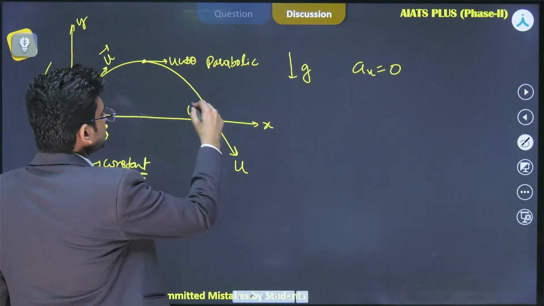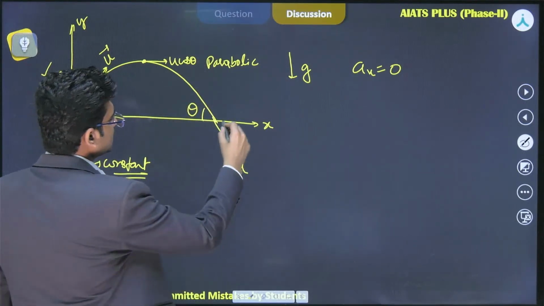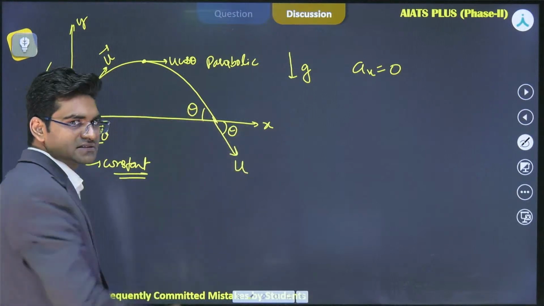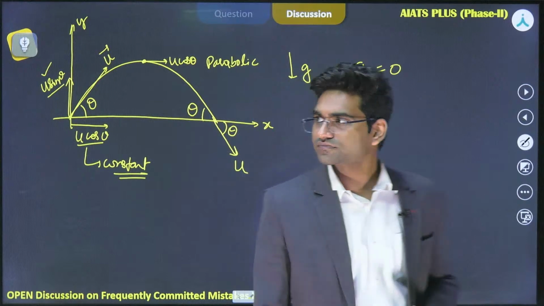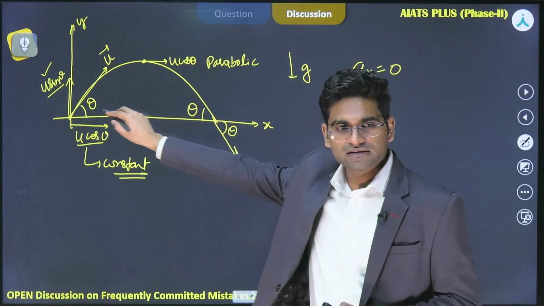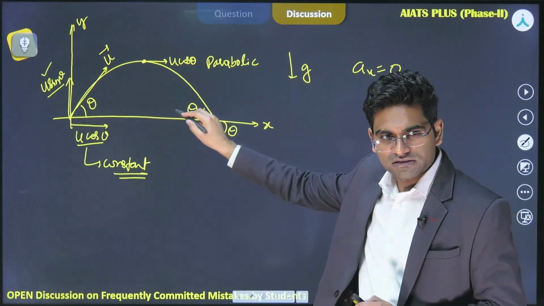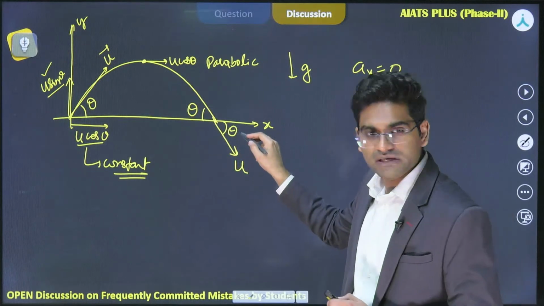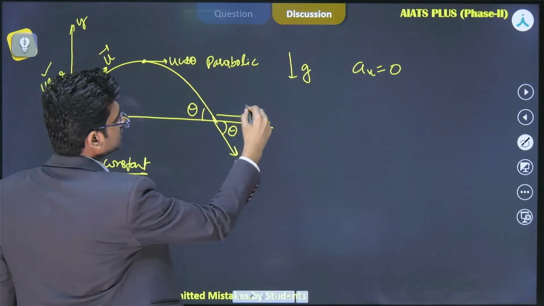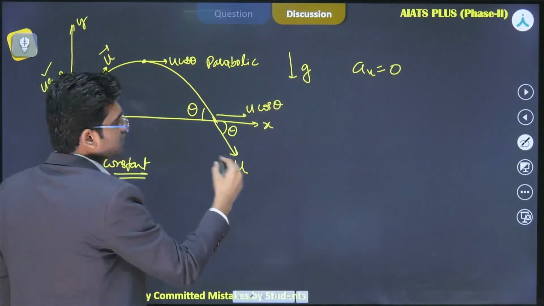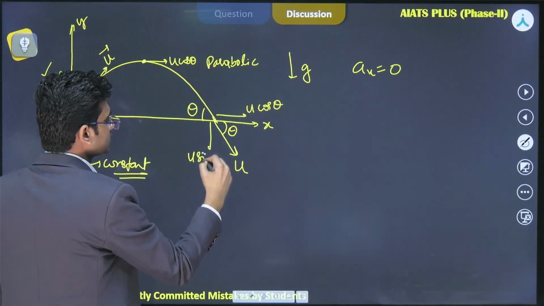This angle is theta, so this angle is also theta. Why am I writing this as theta? Because we know that this motion is symmetric actually. That's why if this is theta, this will become theta, right? If this is u, again this would be u cos theta, and this will become u sin theta.